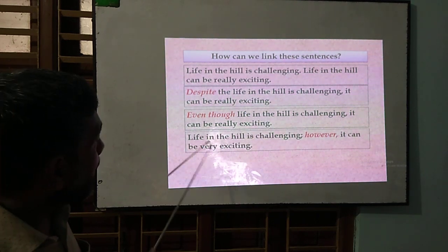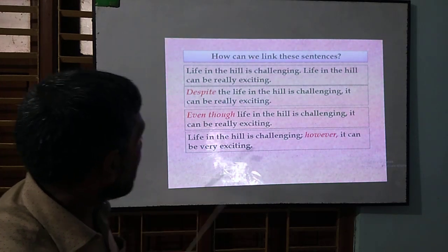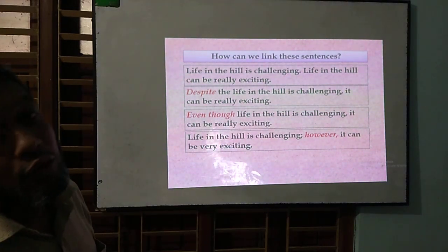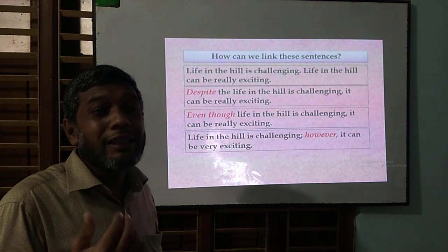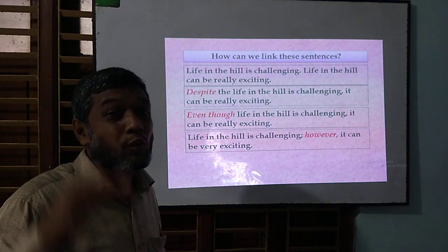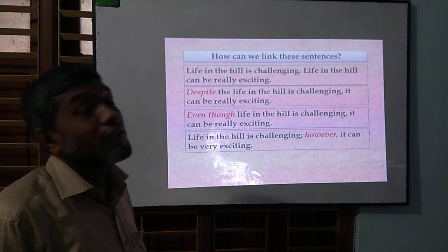In another way: Life in the hill is challenging, however, it can be very exciting. So in these 3 ways you can join 2 sentences together. It depends on your ideas, on your thinking, how you would like to join 2 sentences together.